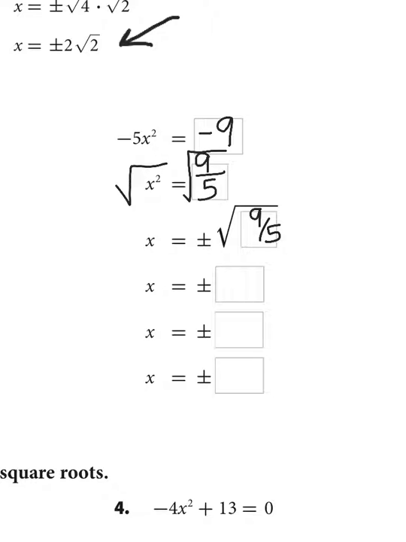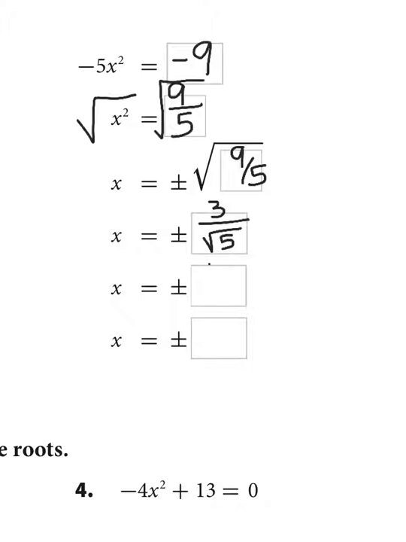Now we can simplify the numerator there as 3 over the square root of 5, but we need to rationalize that denominator. So I'm going to write that as 3 over the square root of 5, and we're going to multiply the numerator by the square root of 5 and the denominator by the square root of 5.